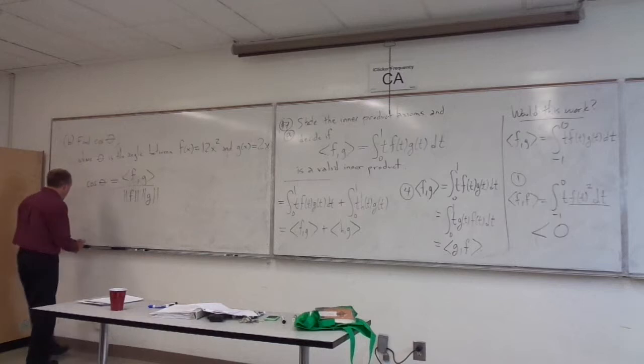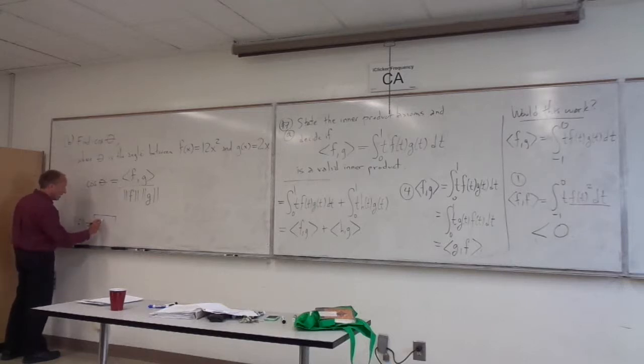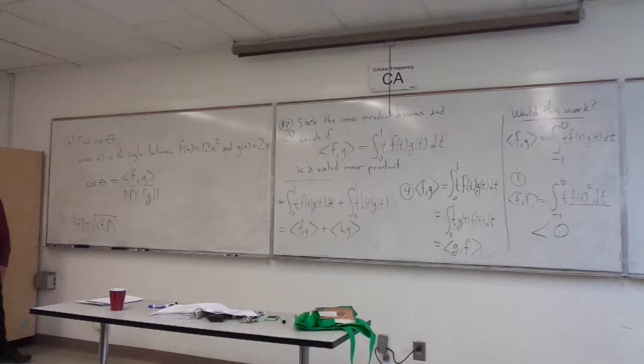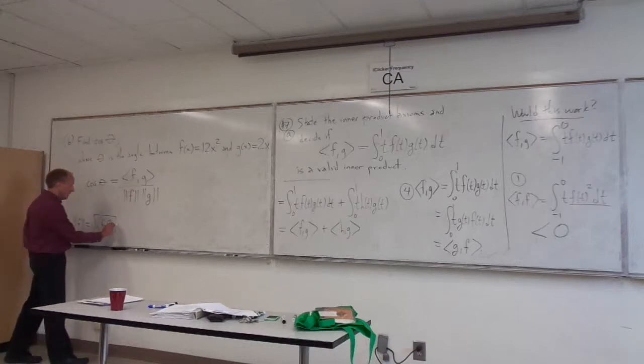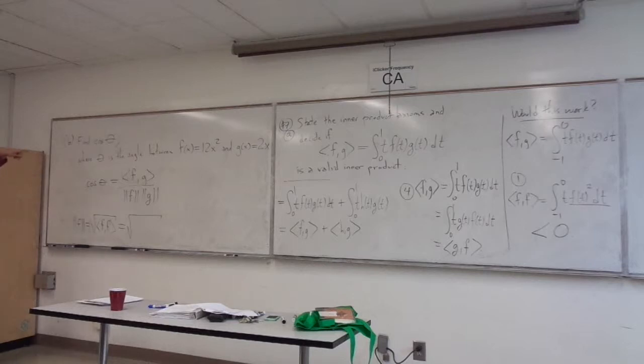Okay, and remember that the norm of f is the square root of the inner product of f with itself. So we have to calculate this thing. So this is just the square root of, let's just go ahead and start doing it for this particular problem.